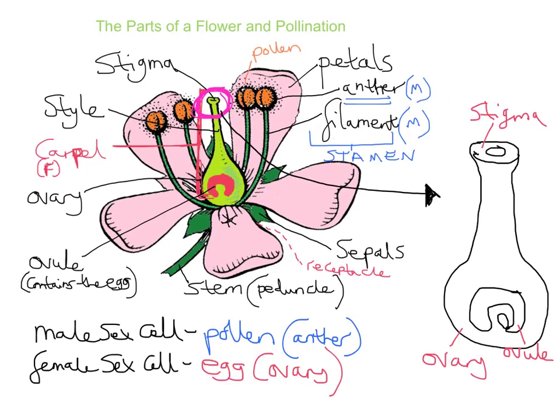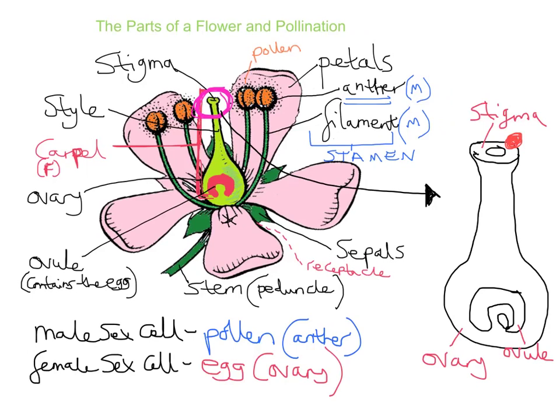So for this, we're going to colour it in, let's use blue for this. We're going to imagine that some pollen, in fact let's stick with the orange that we had from before, drops onto that stigma, the top part of the carpel.